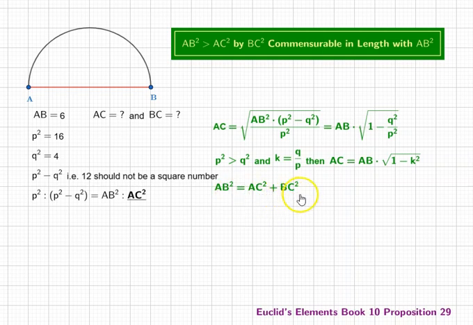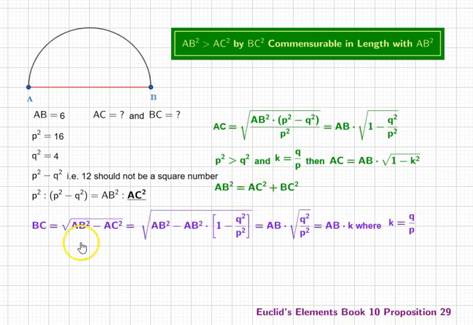AB square is equal to AC square plus BC square. We know AB, we know AC. So BC square is equal to AB square minus AC square, or BC is equal to square root of AB square minus AC square, and we substitute.